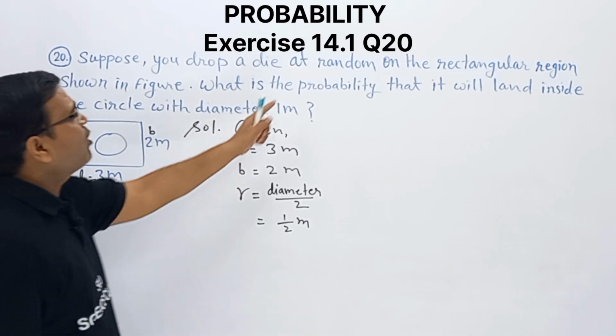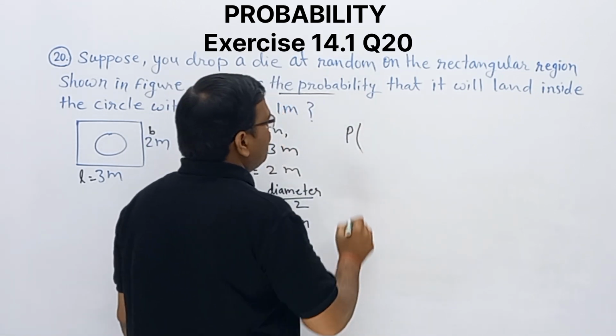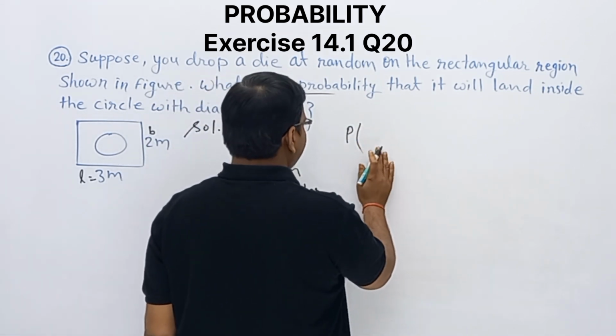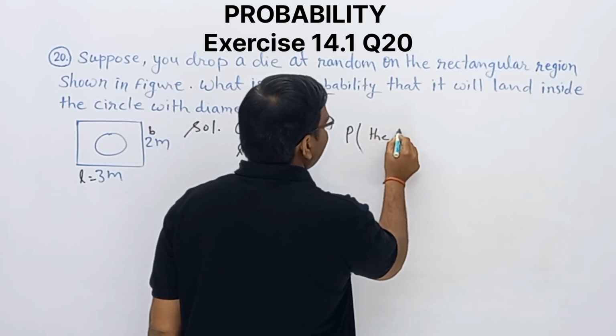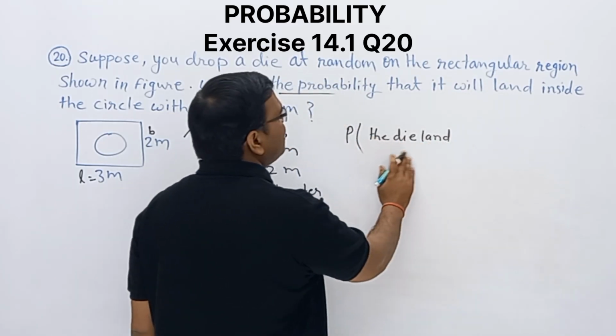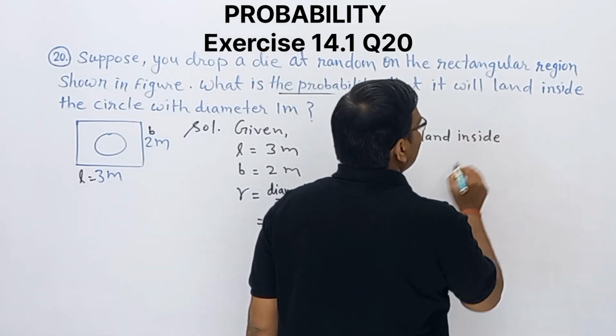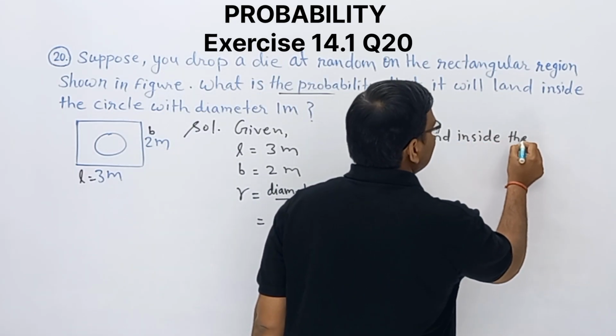So we want the probability. Observe carefully. What we want is the probability of the die landing inside the circle.